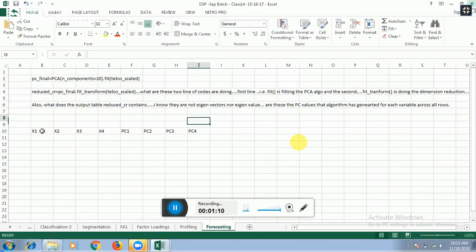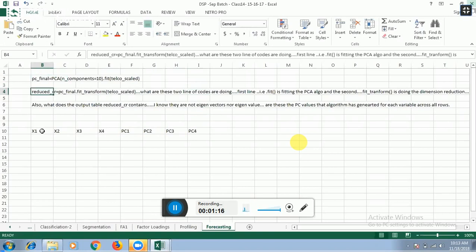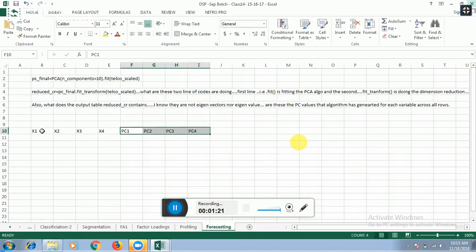This one will give me just the betas, the equations, and this one will give me PC1, PC2, PC3, PC4, which is nothing but beta 1 1 times x1 plus beta 1 2 times x2 plus beta 1 3 times x3 plus beta 1 4 times x4. So this is the PC1.